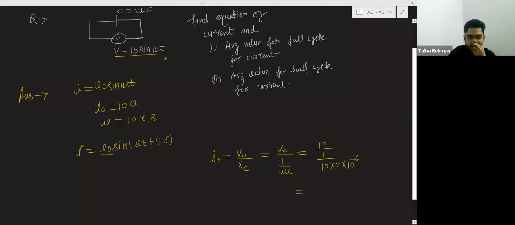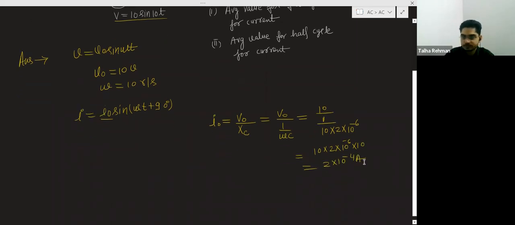So basically the current can be written as 10 into 2 into 10 to the power minus 6 multiplied by 10. So this will become 2 into 10 to the power minus 4 ampere. This will be your I naught, the peak value of the current.